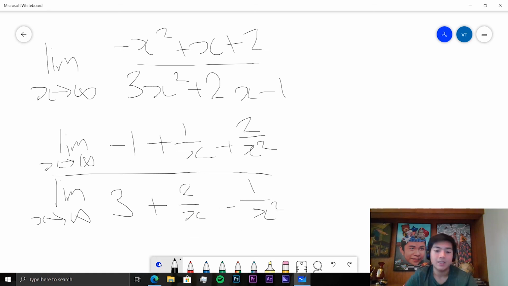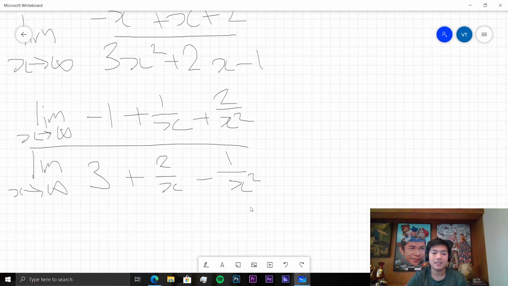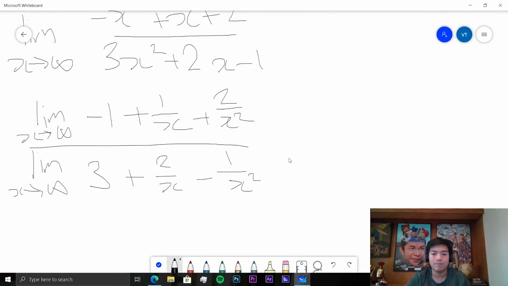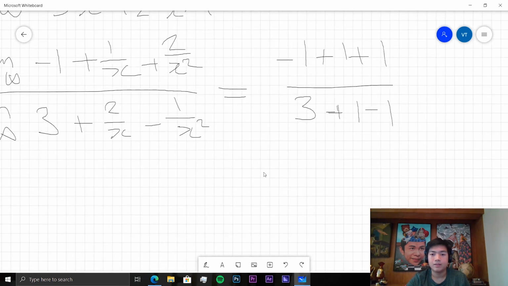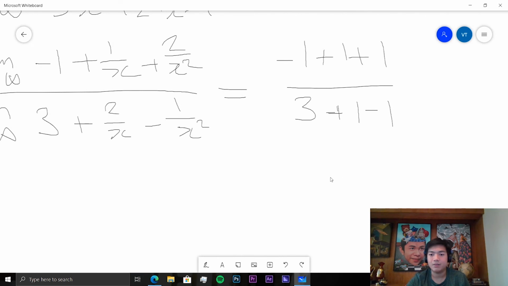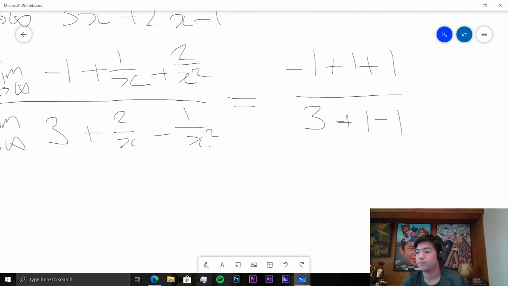And the trick is, any term that's being divided by x as x tends to infinity will tend to 1. So this will simply be equal to negative 1 plus 1 over 3 plus 1 minus 1 over x squared, and so this would simply be equal to 1/3.